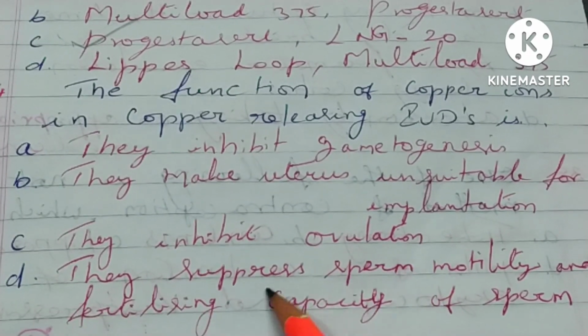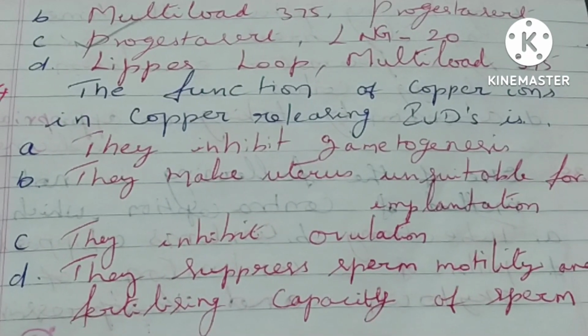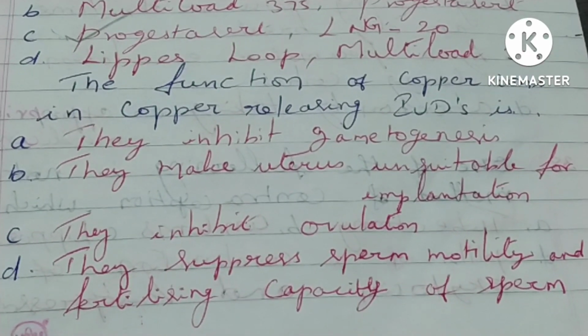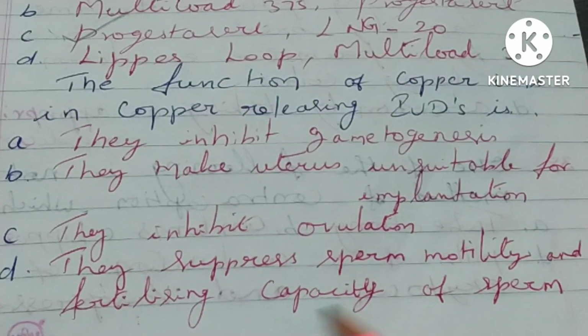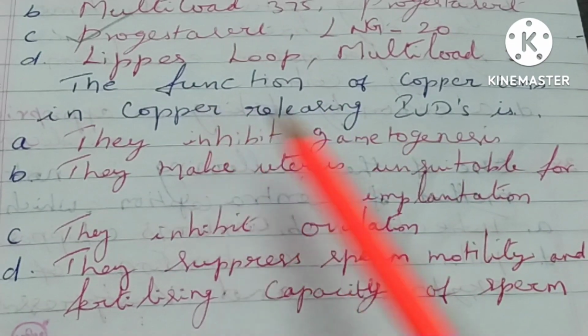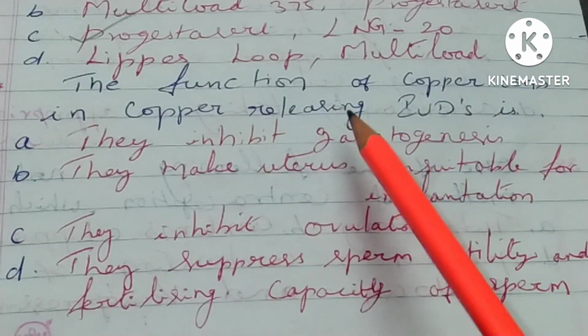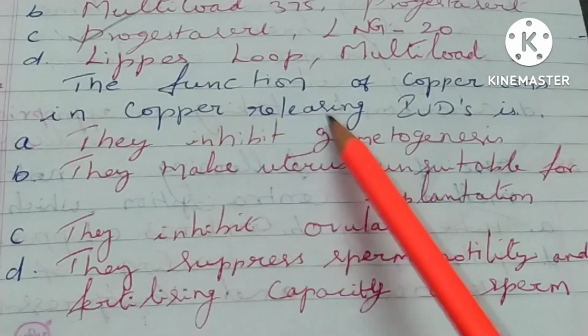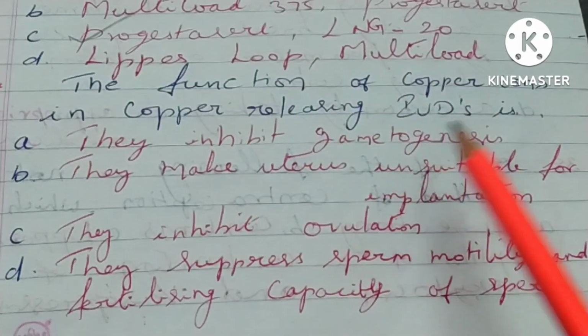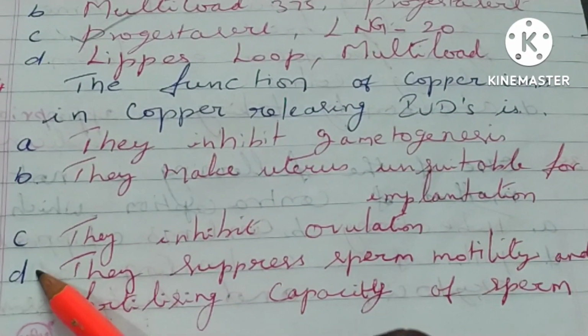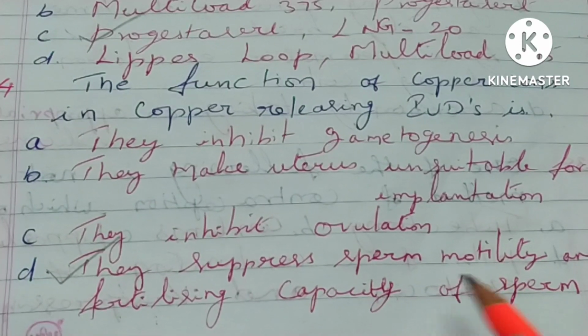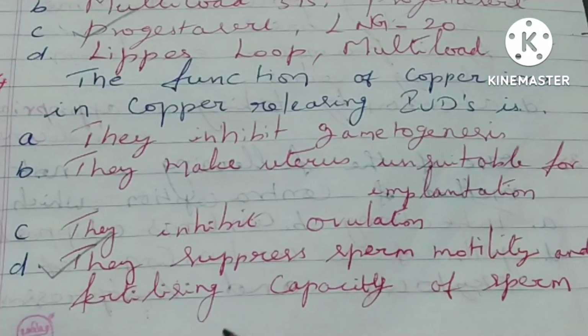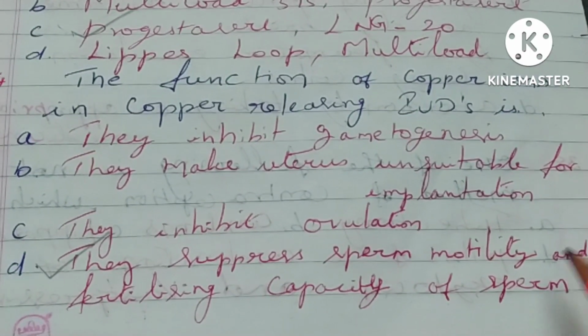Option D, they suppress sperm motility and fertilizing capacity of sperm. The function of the copper ions in copper releasing IUDs is that they suppress sperm motility and fertilizing capacity of sperm. The answer is option D.